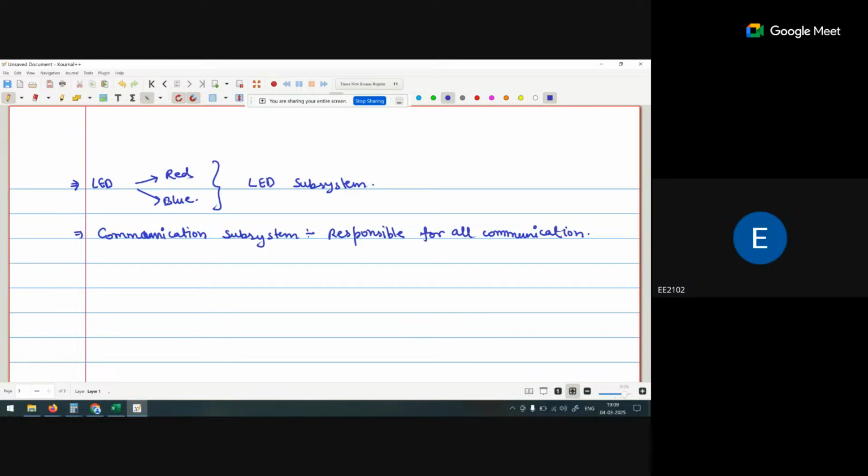Any idea? I think the communication would be wireless. The communication is the wireless communication or Bluetooth communication.